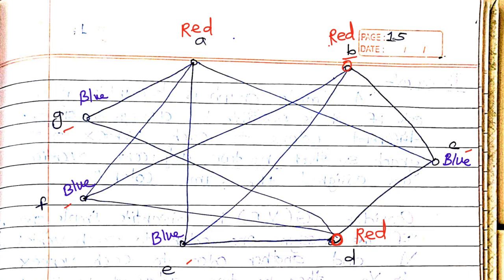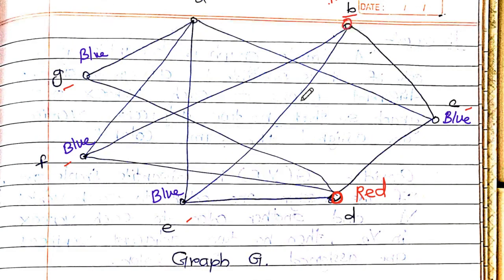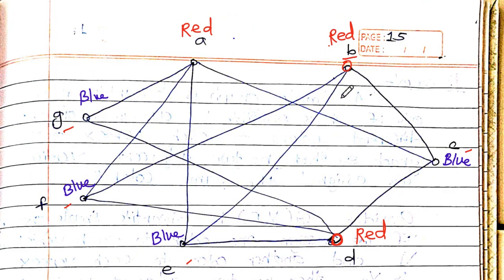So we have given color to all these vertices, and our theorem says you should use only two different colors. There are two groups we have found here.